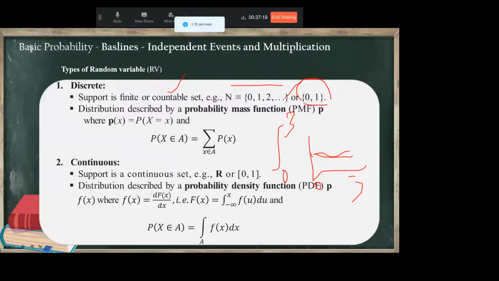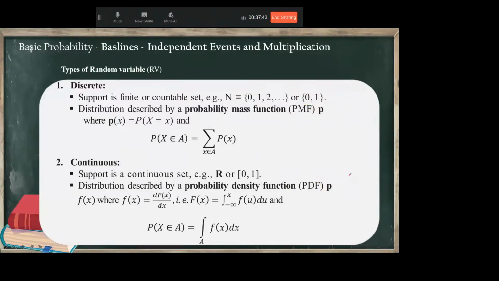So it's not like a curve, it's just a straight line up to 3, and from 3 onward it has a different value. That's how we graph a continuous variable. We will talk more in detail later on, but let's first understand the discrete random variable.